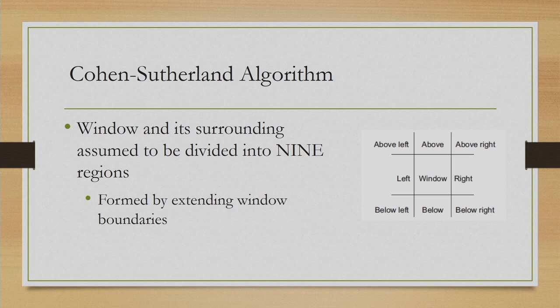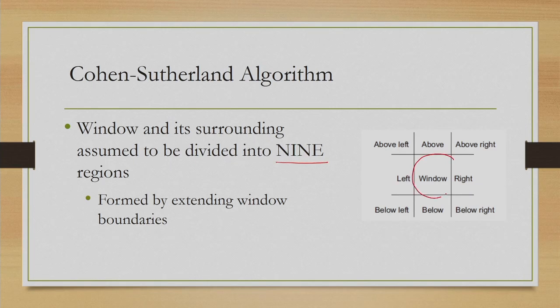So, in this algorithm we assume a representation of the view plane. Here we assume that the window and its surroundings are divided into 9 regions as shown here.